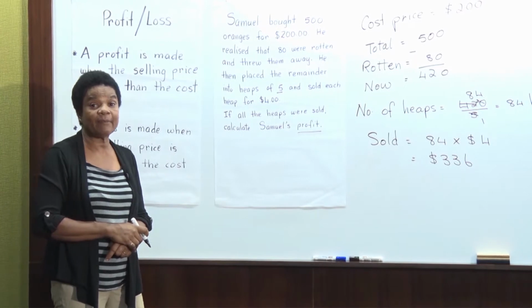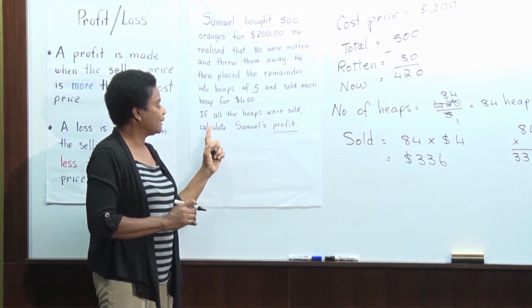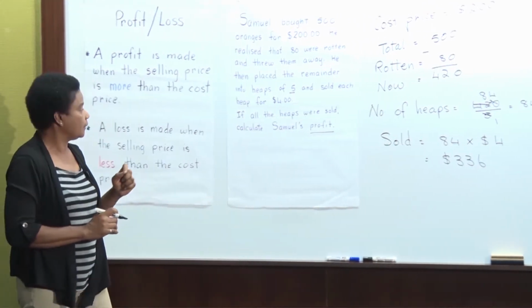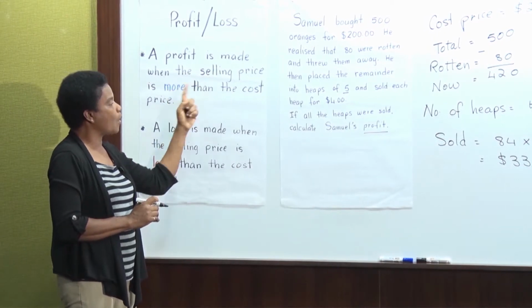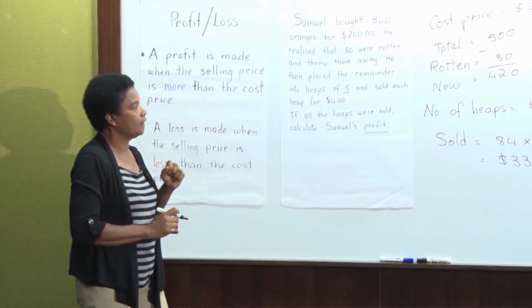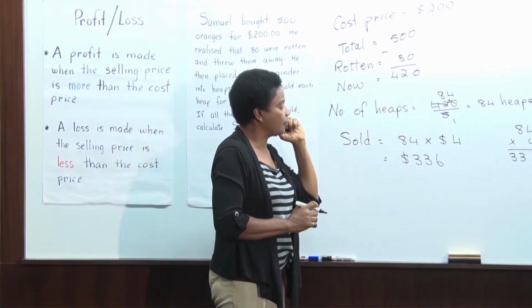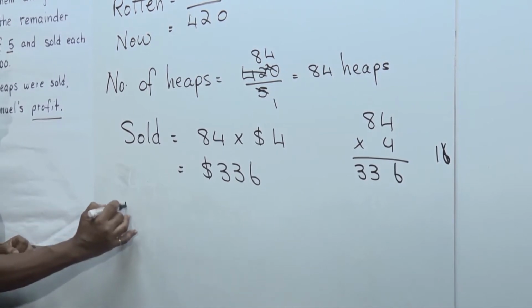Is that what the sum is asking? If all the heaps were sold, calculate Samuel's profit. Remember, a profit is made when the selling price is more than the cost price. If you remember, the oranges cost him $200, but they were sold for $336.